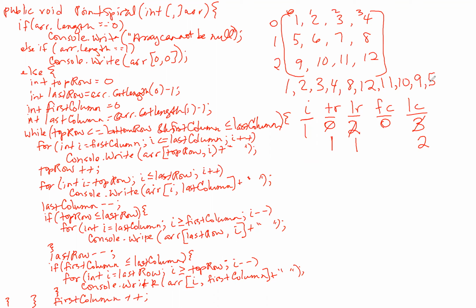Okay, and then we do I minus minus, and I is 1, so it becomes 0, and the first column is still 0, so we met that condition.